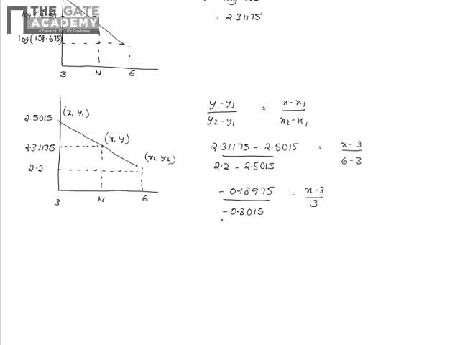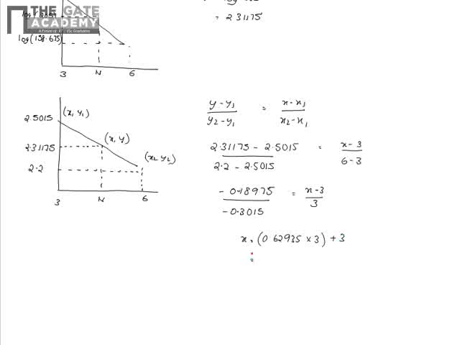So this will be 0.18975 divided by 0.3015. So x will be 0.62935 into 3 plus 3.